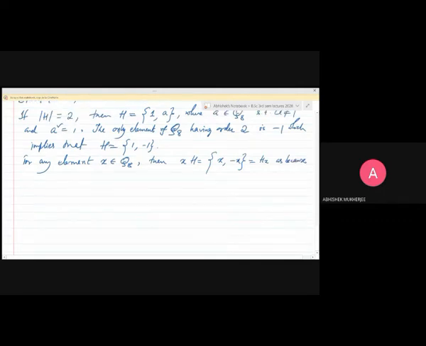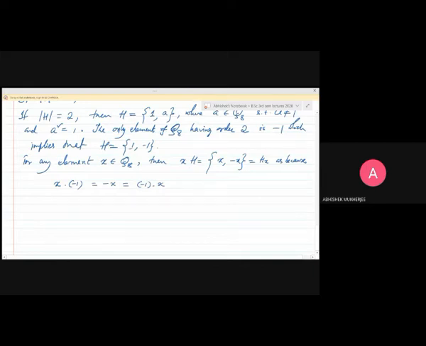Why is it so? Because if you multiply x with minus 1, then this will be minus x, right? And also you can write minus x as minus 1 dot x.